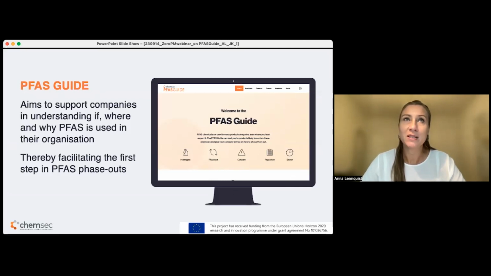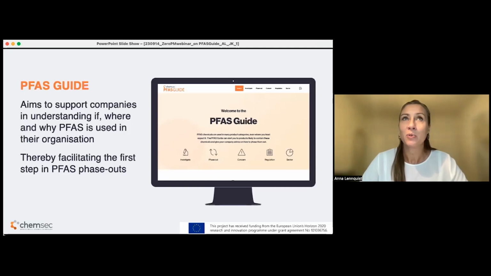So when we produced this guide, we talked a lot with companies about what they would need and how they would like the information to be presented. We had seen a lot of different scientific publications, reports, and so forth out there in the world, but they were not really adapted from a company perspective.